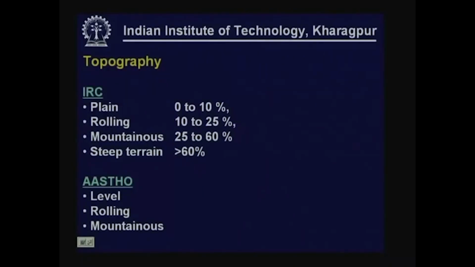The American Association of State Highway and Transportation Officials also classify terrains as level terrain, rolling terrain and mountainous terrain. So, in brief, there is a need to classify the terrain system.